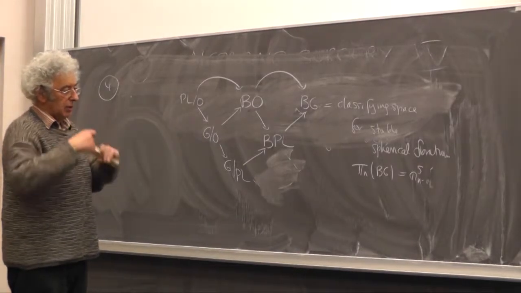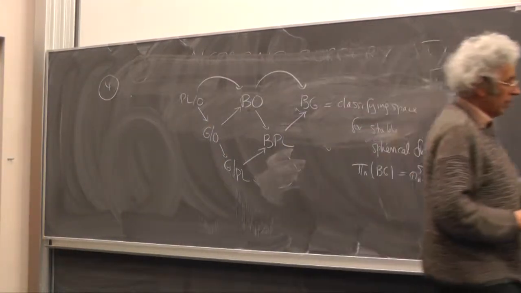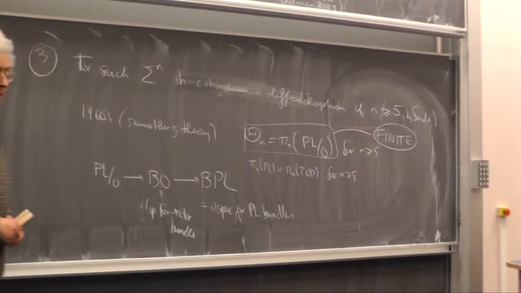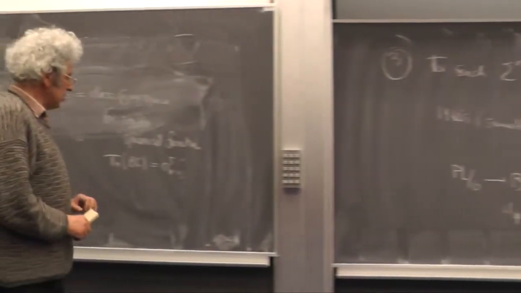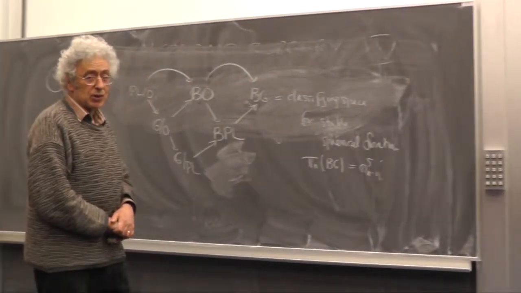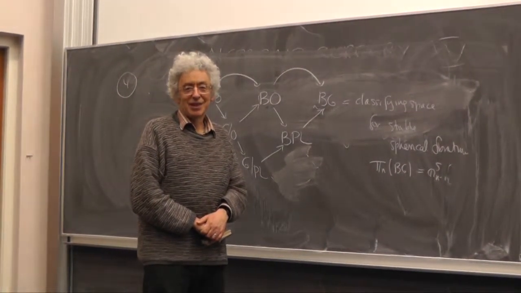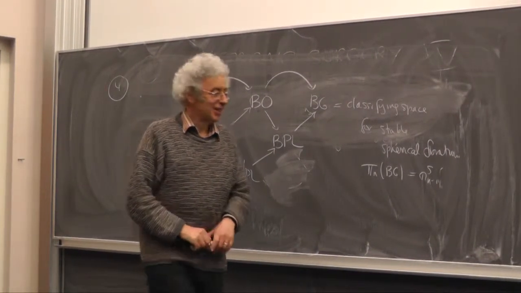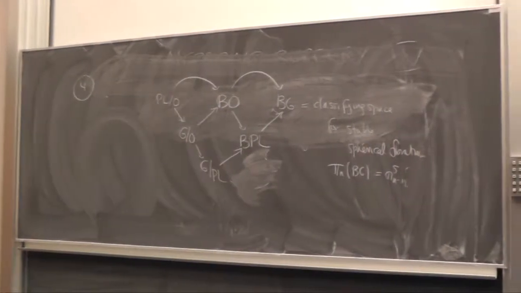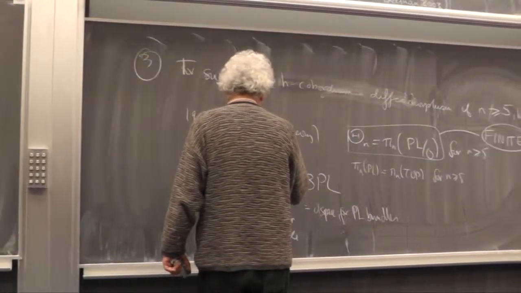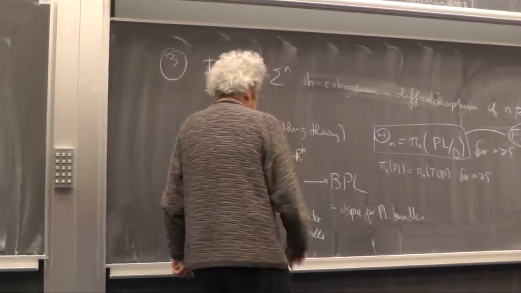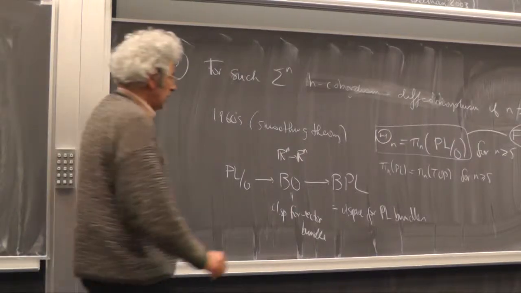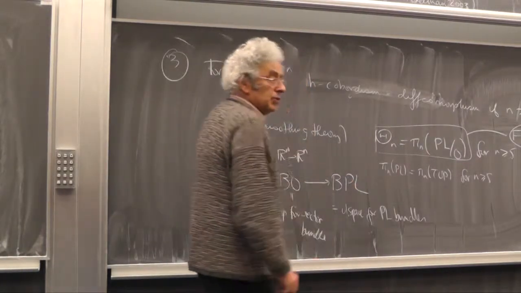So basically, the transition functions for vector bundles are orthogonal maps. For PL bundles, they are PL maps. For spherical fibrations, the transition functions would be homotopy equivalences without any local structure. So here the transition functions are orthogonal or linear automorphisms. Here it will be PL homeomorphisms.